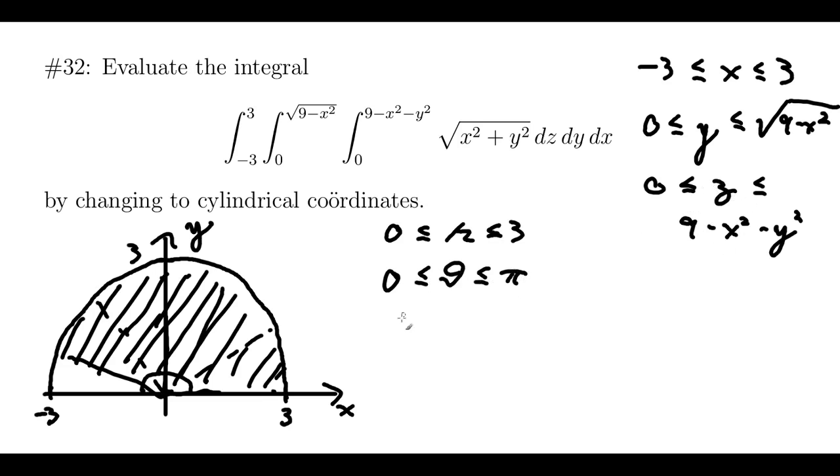Now for the bounds on z, z mostly stays the same, except we want to change this into polar. Negative x squared minus y squared, of course, you can factor out that negative sign and make that an x squared plus y squared, which means that the upper bound on z is 9 minus r squared. This is very nice and straightforward here.